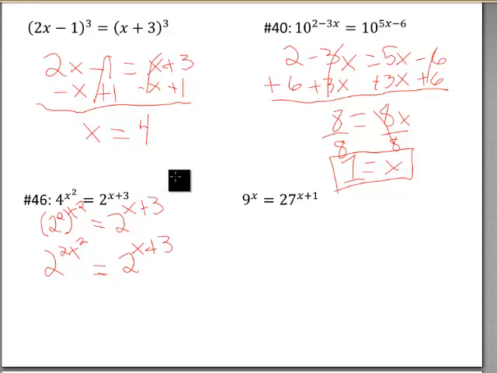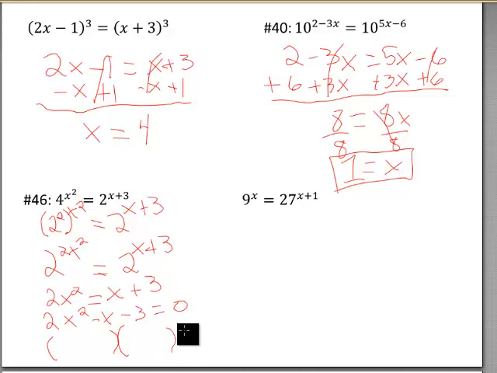And now we have bases that are the same, so we know that 2x squared is equal to x plus 3. And now we know that 2x squared minus x minus 3 is equal to 0. And some trial and error will show you that this is actually factorable, which again is nice.